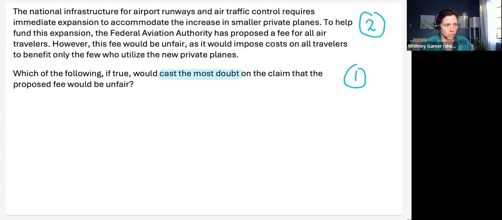So our conclusion here follows this language of however the fee would be unfair. And so that's our conclusion, right? The conclusion is the fee is going to be unfair.